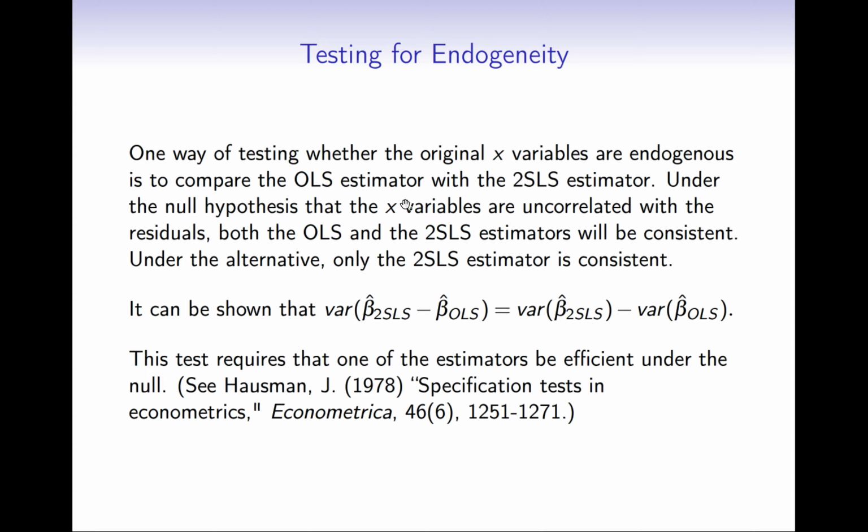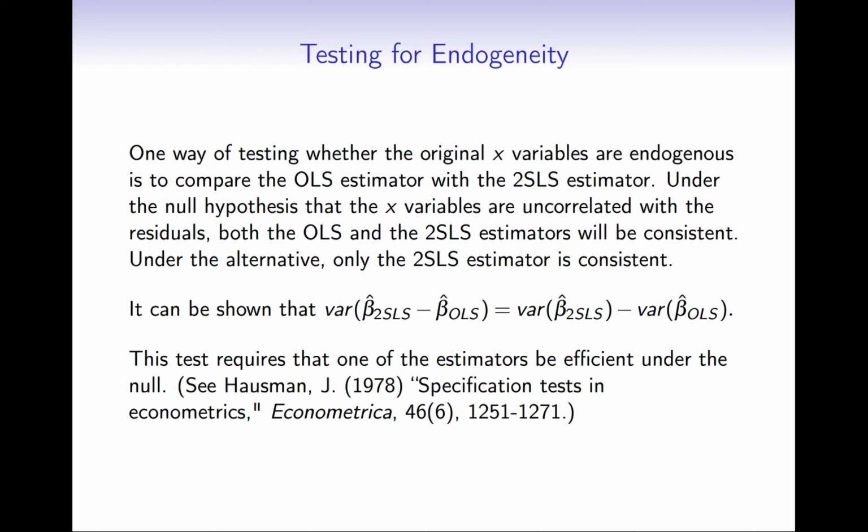So suppose you wanted to test whether X is endogenous. If you have a valid instrument or multiple instruments, you have a two-stage least squares estimator and you have the OLS estimator. Under the null hypothesis that the X's are exogenous, we know that the OLS estimator is the best linear unbiased estimator, called BLUE.